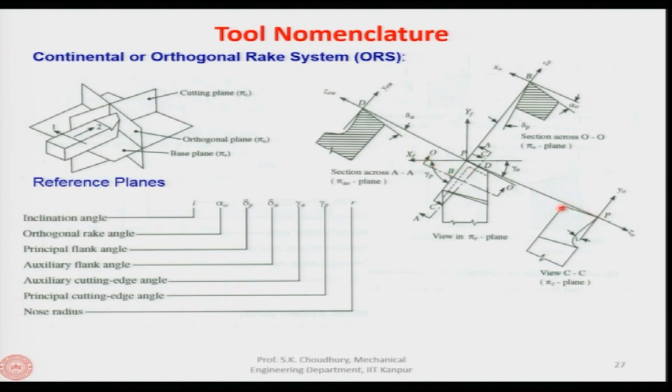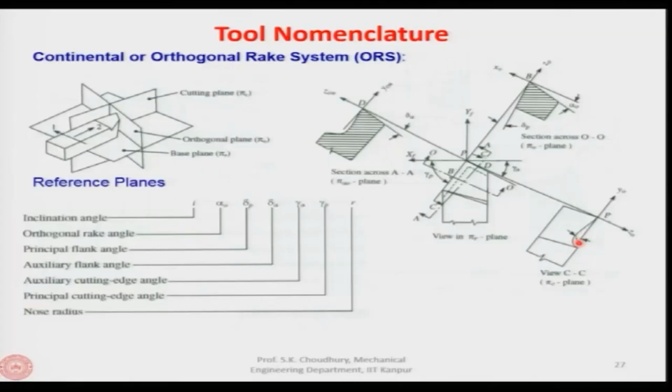So, we will have a view like this, and in this view, this is the rake face, and that rake face is making an angle I with the z axis, and I is the tool inclination angle, as we said, or this is also called the angle of obliquity, because this is the characteristic feature of oblique cutting, because the tool is inclined.